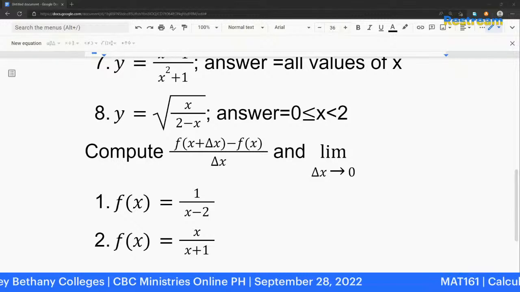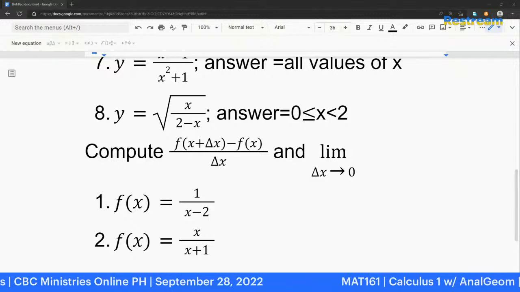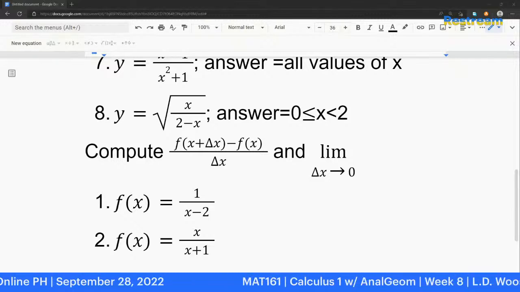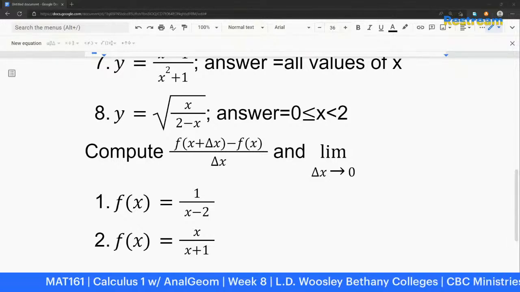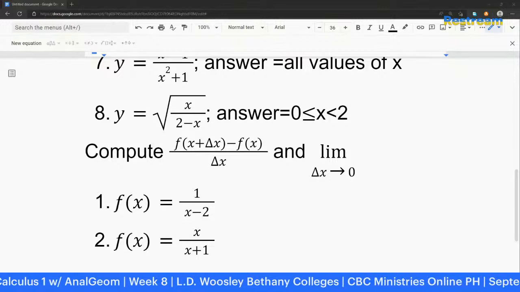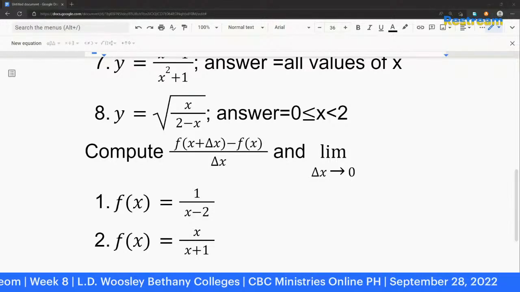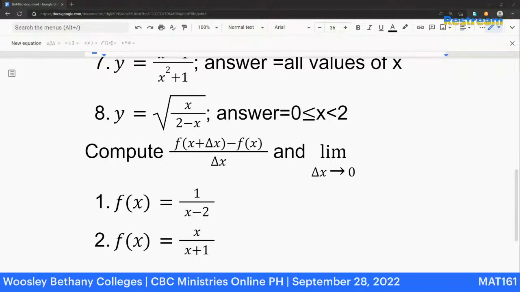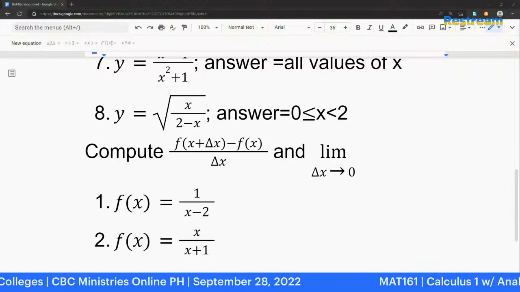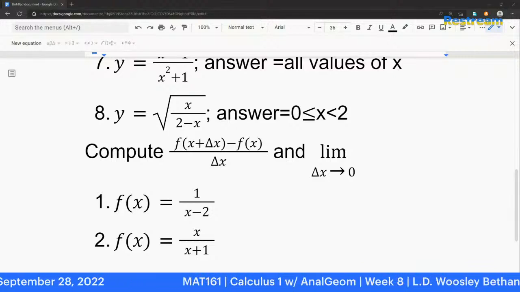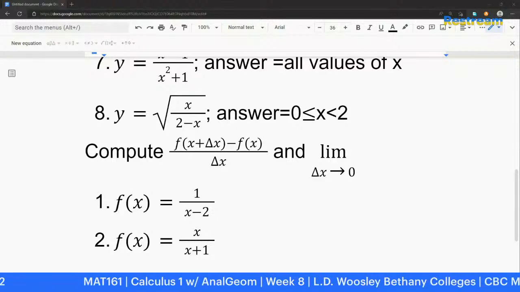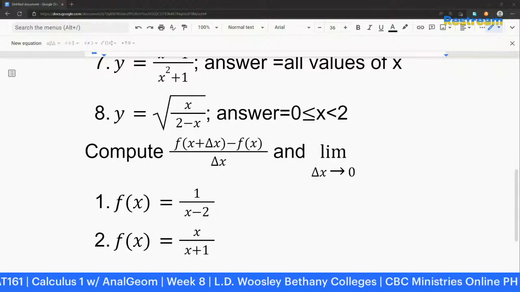Okay, sige. Guys, I'm giving you 3 more minutes. Sir, marami po lumalabas sa amin. Apat na po lumabas sa amin, sir. Magkaiba? Trial and error po. Apat po, pero iba-iba.